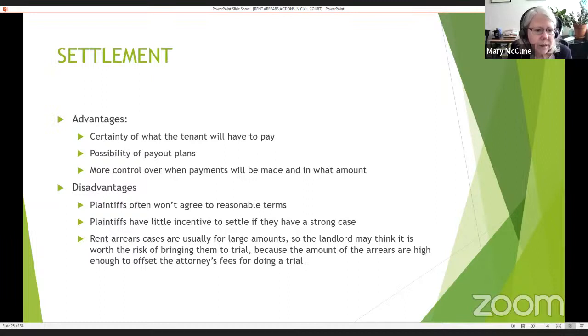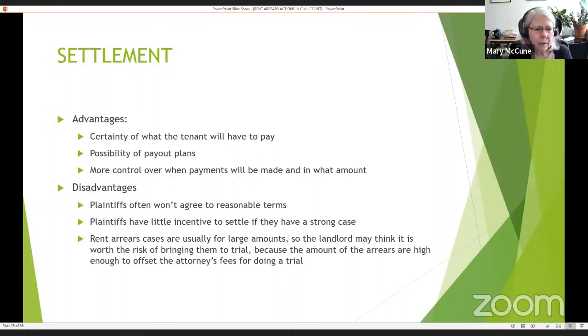The disadvantages are that often plaintiffs are unreasonable when it comes to settlement, especially if they think they have a strong case. And so they won't agree to terms that you can live with. They'll agree to allow you to pay $500 a month, and you don't have $500 a month to pay on a $10,000 debt or what have you. If they think they have a strong case, they may say, why should I settle?